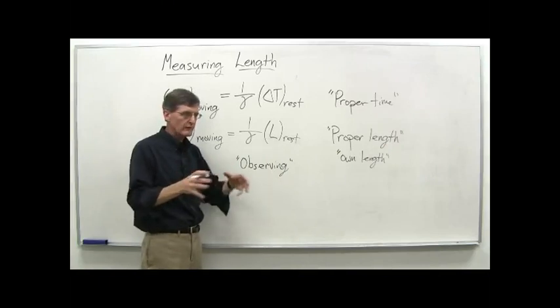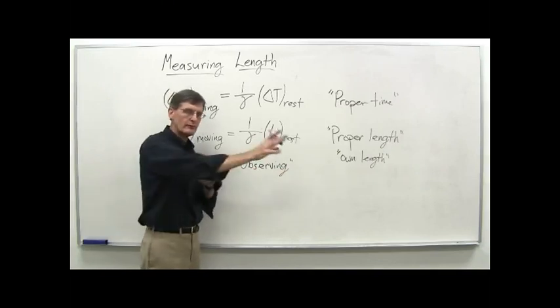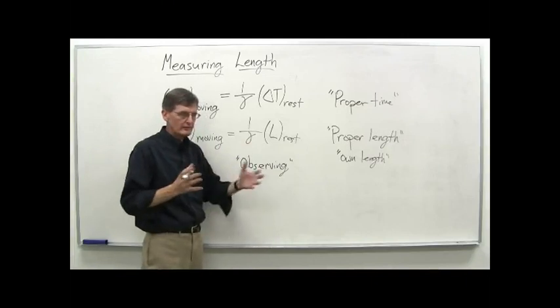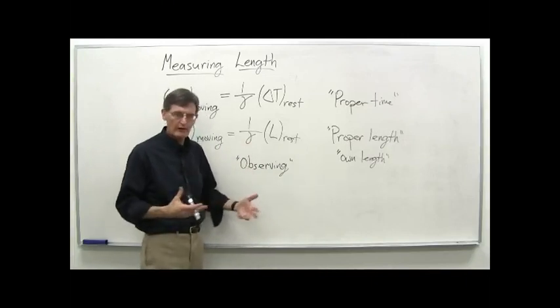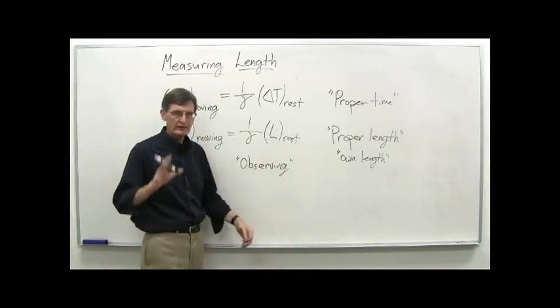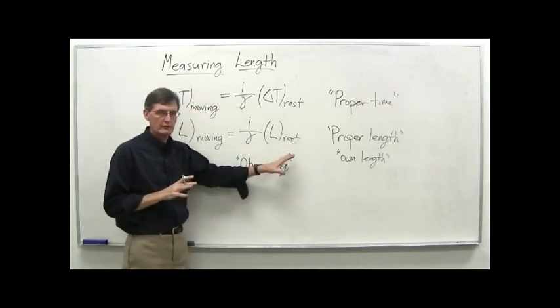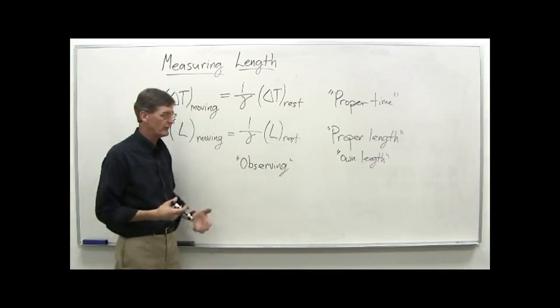You could also ask, what if there are multiple observers watching Bob, where one of them is at rest, so he's going by at v, and another is going at half v, so he sees Bob at a different velocity. Does Bob feel different types of length contraction? The answer, of course, is no. Bob, as far as he's concerned, is at rest, and he doesn't feel any of this. It's the observations of other people making various determinations of the length that will depend on the relative velocity between them.